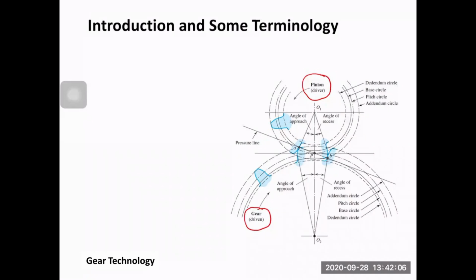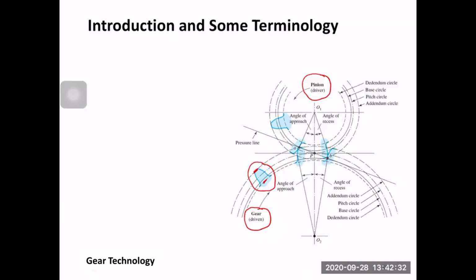So if you look at the representation of the gear here, you will find that there are some names that you are going to learn as we go, okay? So if this is one tooth of the gear, you will find that you have one circle at the top and one circle at the bottom of this tooth.